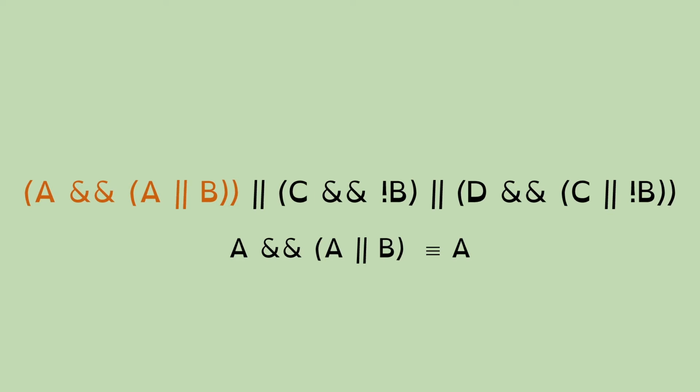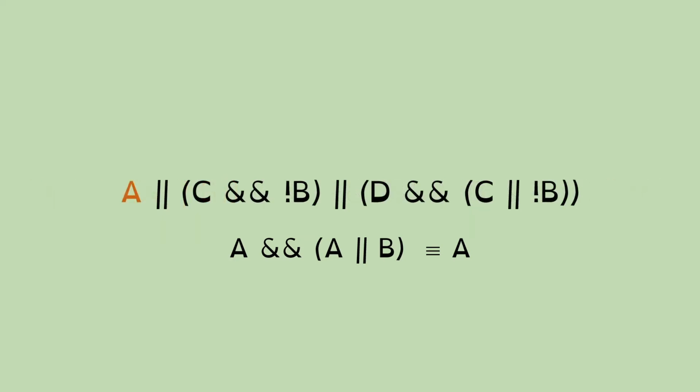And so because this term A and brackets A or B close brackets is equivalent to A on its own, we can substitute A in there. And these rules that we're going to look at for Boolean algebra are all about the ability to manipulate formulae and to be able to reduce them down to smaller terms.